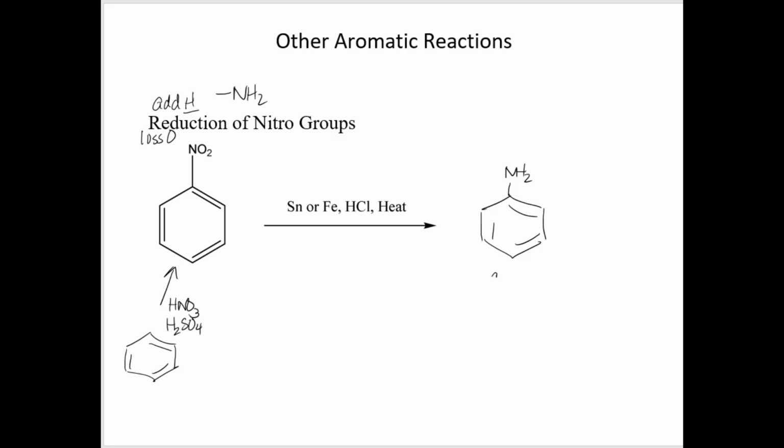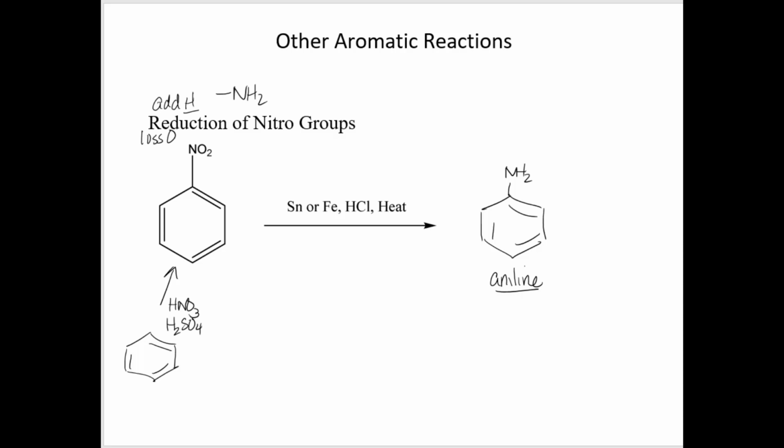This molecule is called an aniline, its IUPAC or common name when the NH2 is attached to the ring. So we can put an NH2 group on the ring by putting on a nitro group and then reducing it with iron or tin, HCl, and heat. Okay, so that's how we can do that.